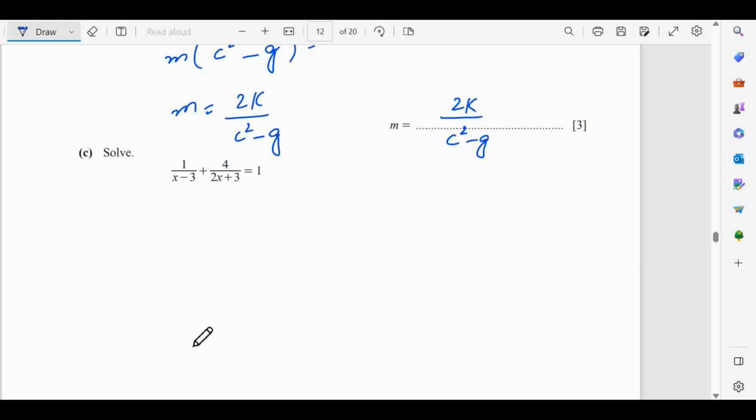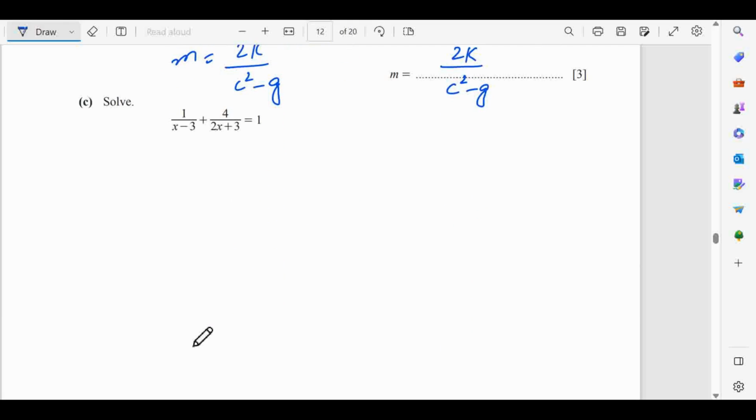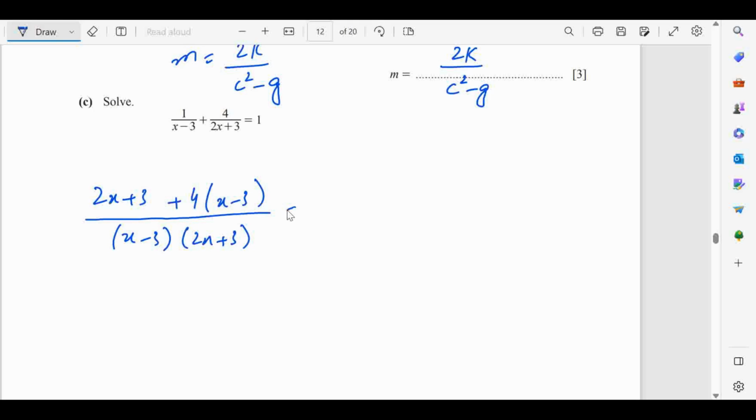Now in part C we need to solve it. So how can we solve it? We can take the LCM. So 2x plus 3 plus 4 into x minus 3, whole divided by x minus 3 into 2x plus 3, is equal to 1. So we can cross multiply it.